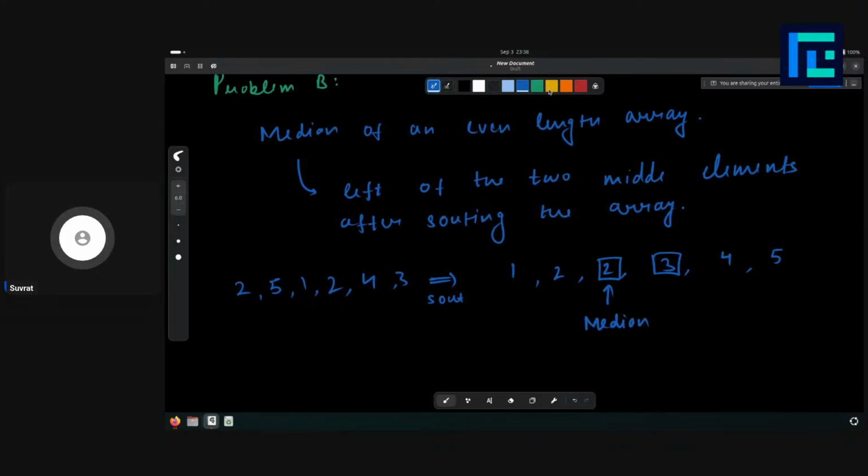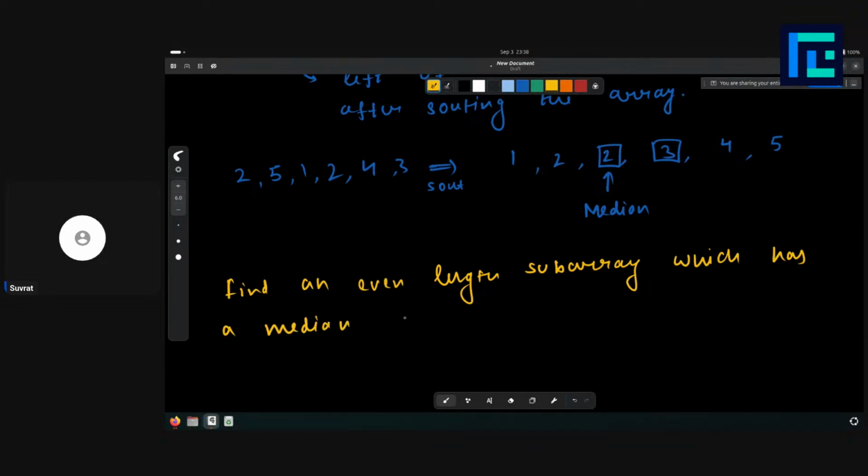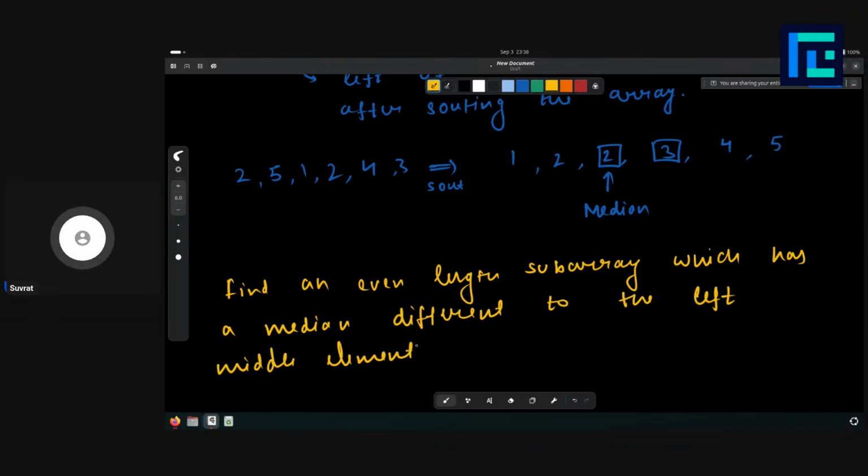So basically, the problem is to find an even length subarray which has a median different to the left middle element of the unsorted array.